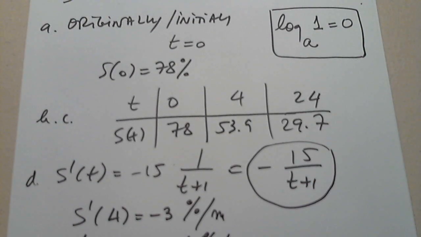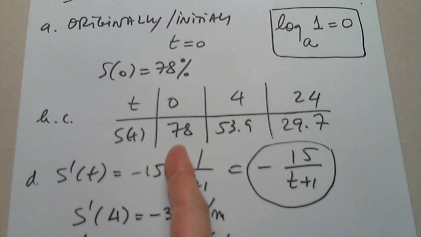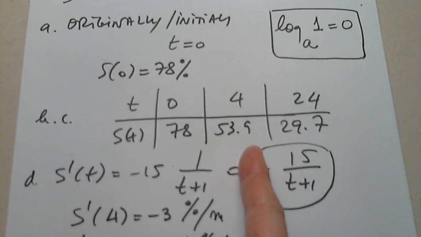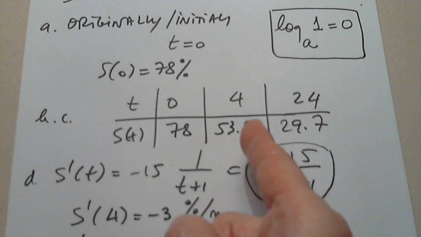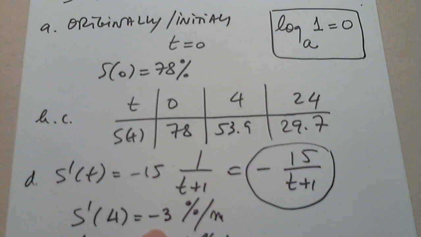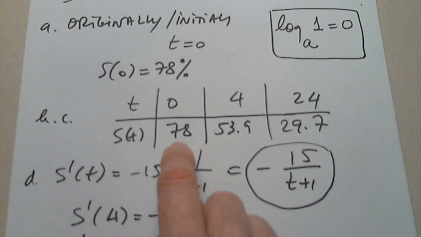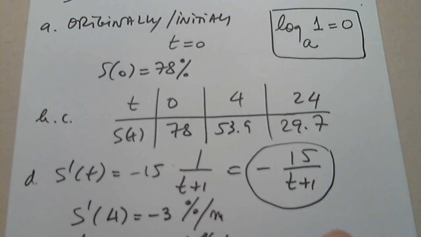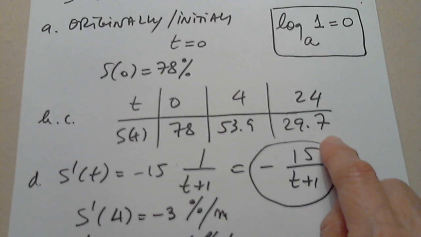And now let's think about the interpretation. Initially, the score was 78%. 4 months later, it dropped to 53.9. At this moment, the score is decreasing by 3% per month. 24 months after the original exam that gave us an average of 78%, the average dropped from 78% to 29.7%.